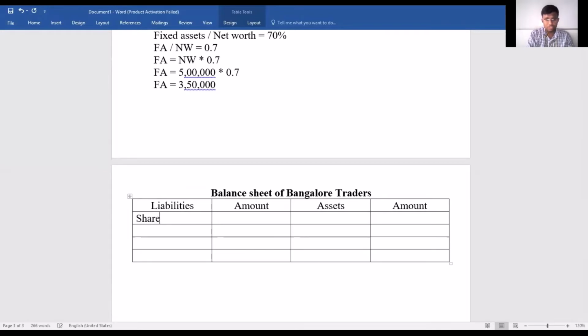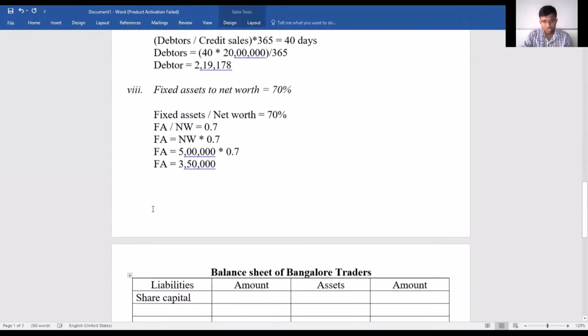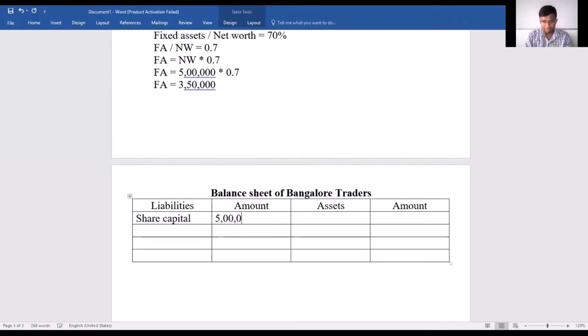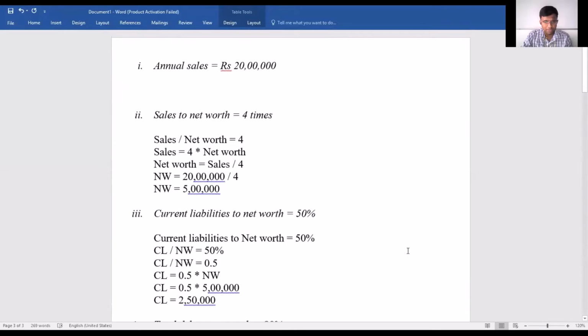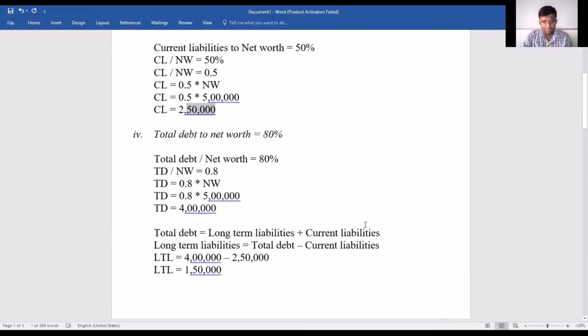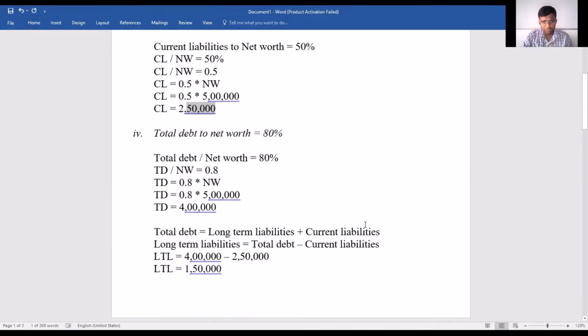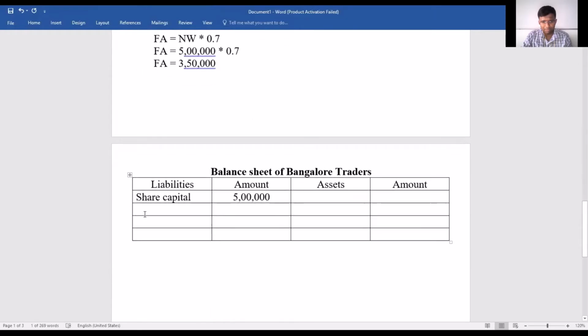Let's start off with this. Share capital is 5 lakh. So we've got that. Now let's see which is the next piece of information that we can fit in. We have current liability, and something that we have noticed over here is that we don't have the breakup of the current liability.